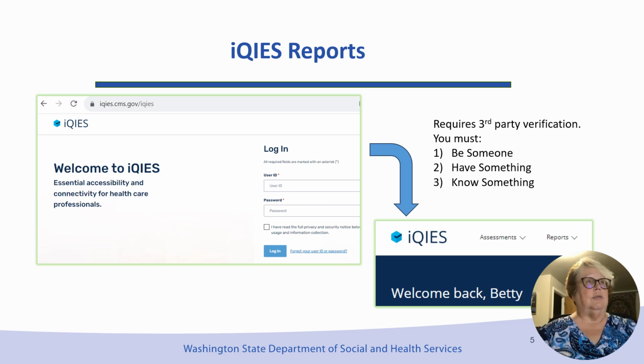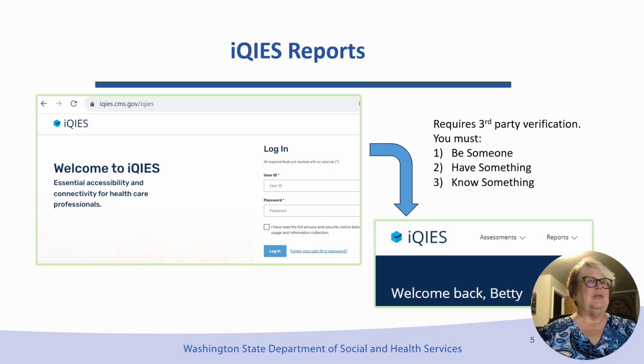To get into iQIES reports, you need to have the passwords for your account. You must have third-party verification, which means that iQIES wants you to be someone, in other words, have a password, to have an account, and to know something, so that they can send you a piece of information that is very current and only you will be able to know it.